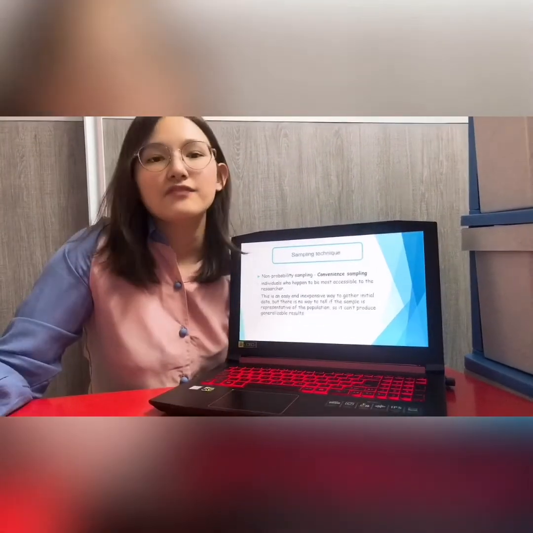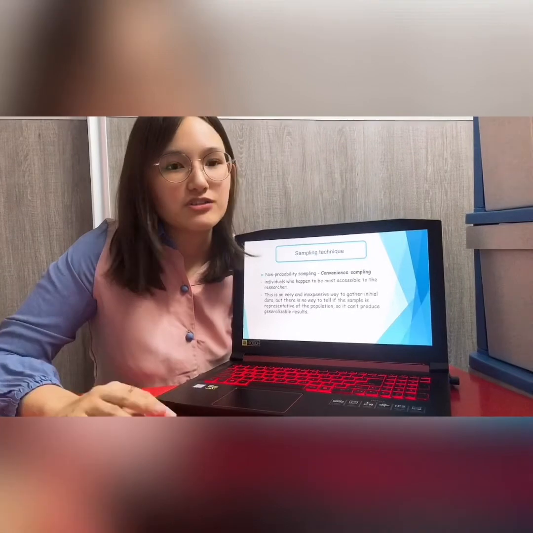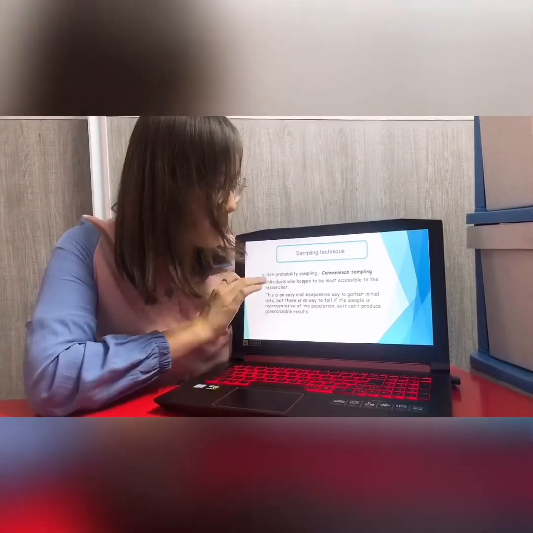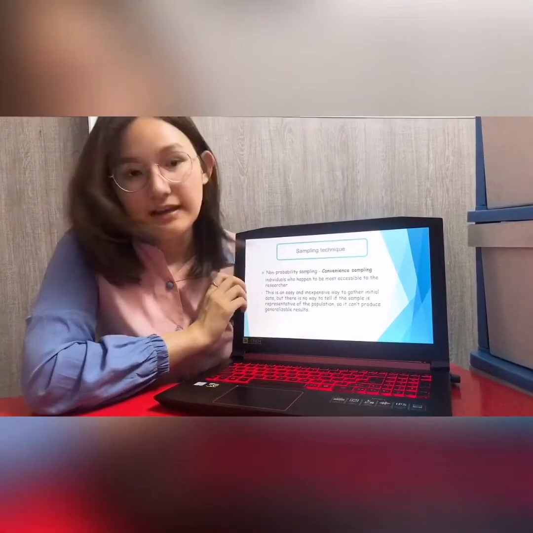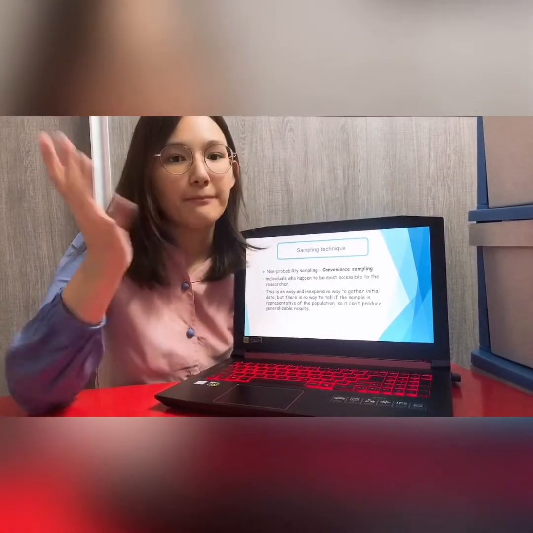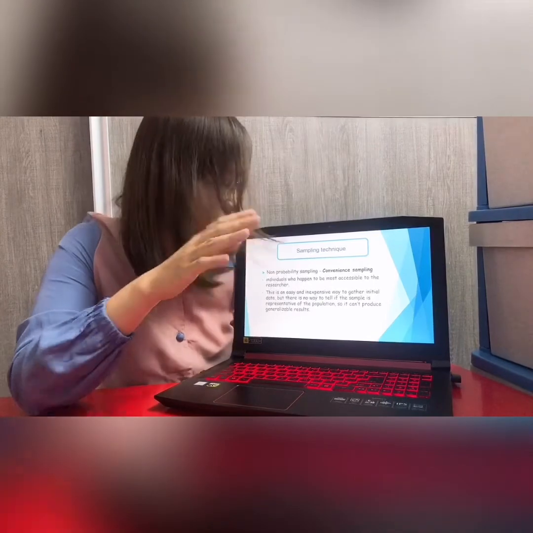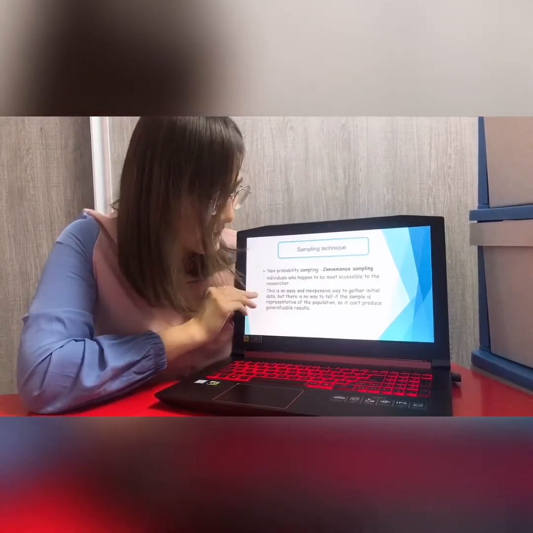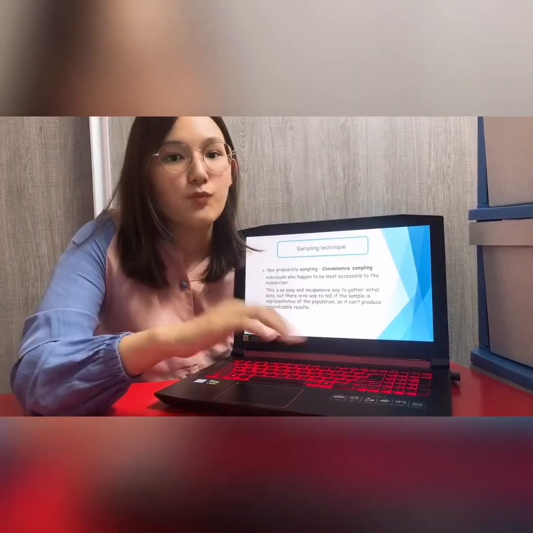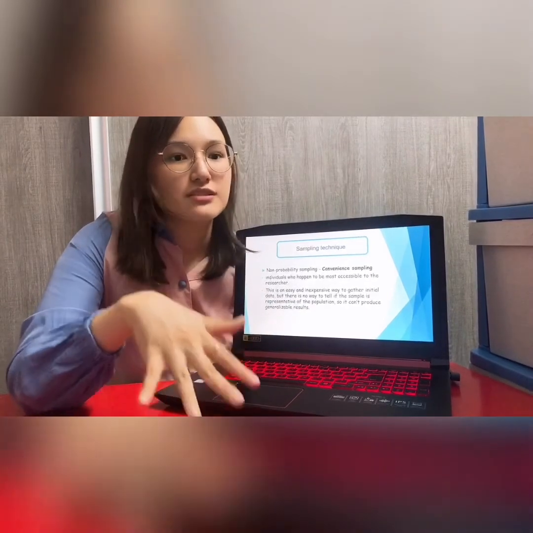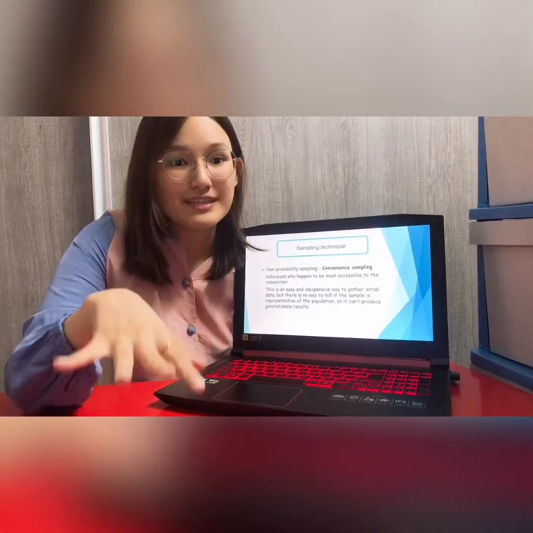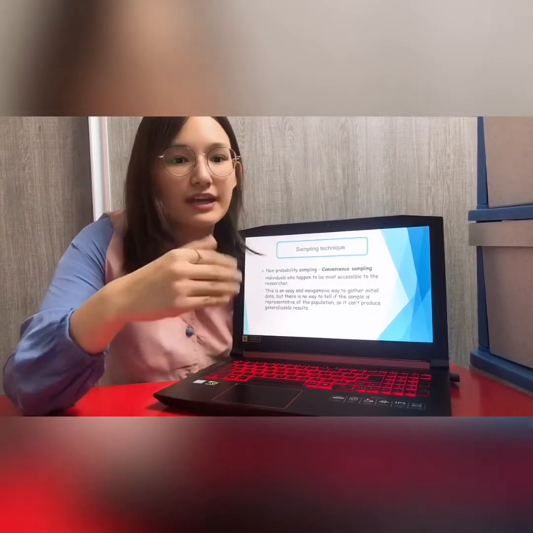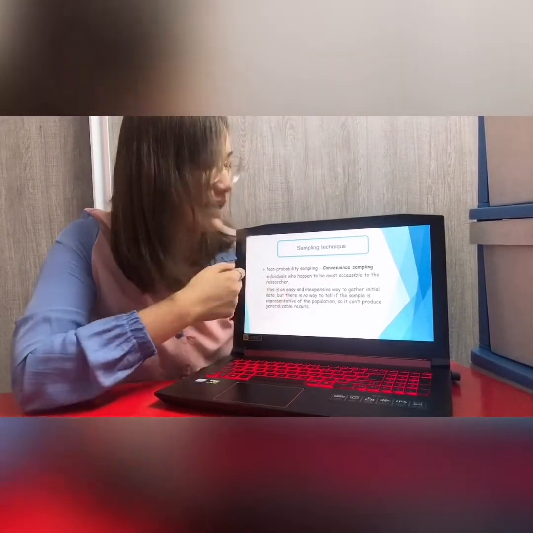Other than that, for the sampling technique, we are using non-probability sampling, which is convenience sampling, an individual who happens to be the most accessible to the researcher. This is an easy and inexpensive way to gather the initial data, but there is no way to tell if the sample is representative of the population, so it can't produce a generalizable result.